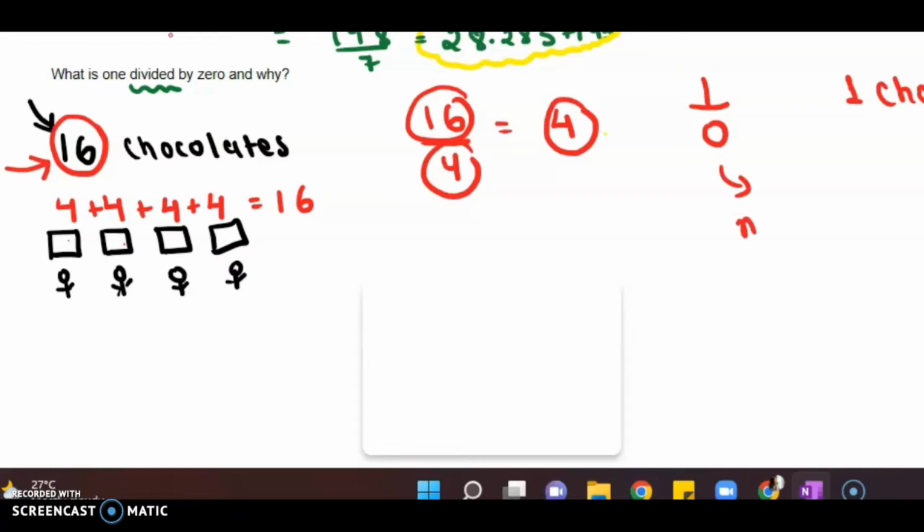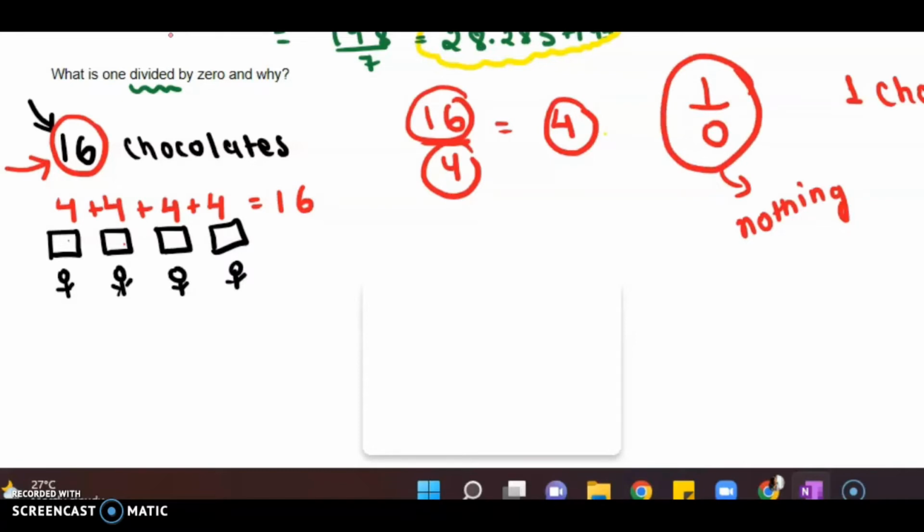We know that 0 means nothing, so we need to give 1 chocolate to 0 kids. Do you think it is possible to give 1 chocolate to 0 kids, to no one? No, it is not possible.